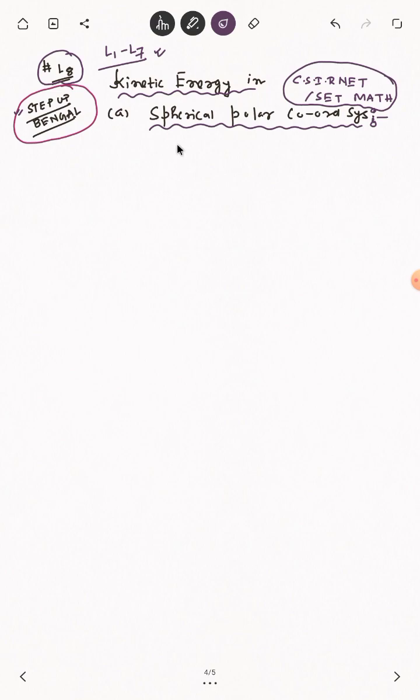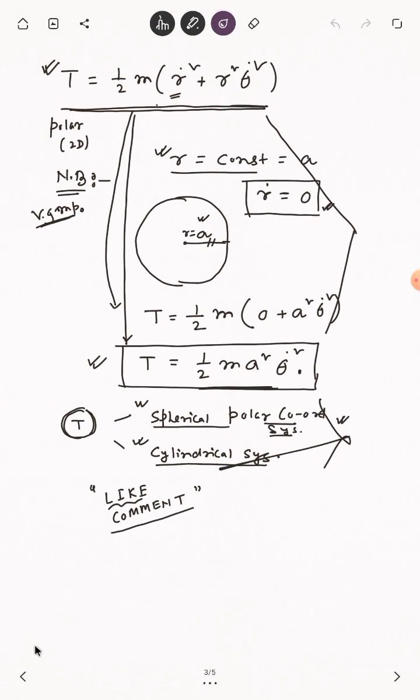Now the question is about the spherical polar coordinate system. We take a look at the last topic we just finished. We are going to establish the expression for kinetic energy T in the spherical polar coordinate system and the cylindrical coordinate system.